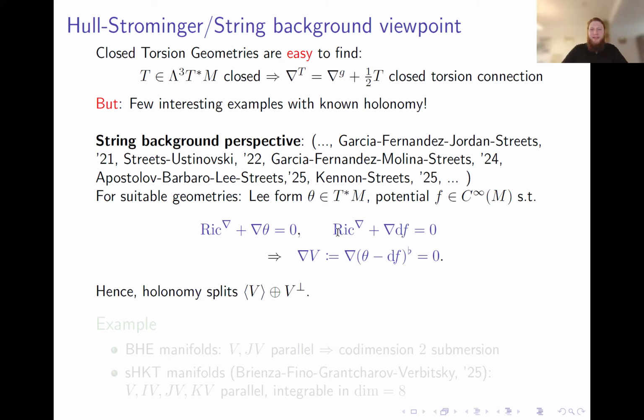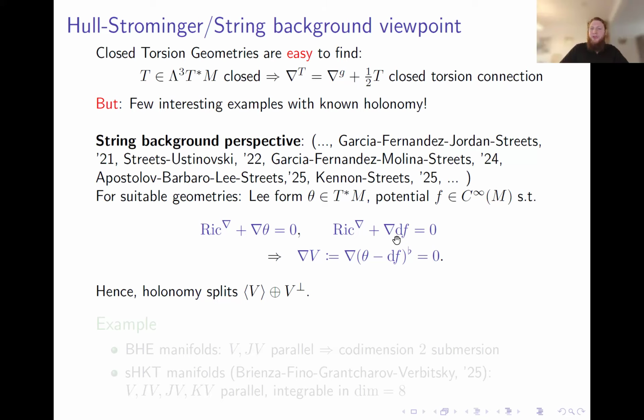for generalized Ricci flow reasons, it's a generalized Ricci soliton. On the one hand, it has to be with this potential function df here. And for a different reason, it also has to be a generalized Ricci soliton with respect to the Lee form theta.